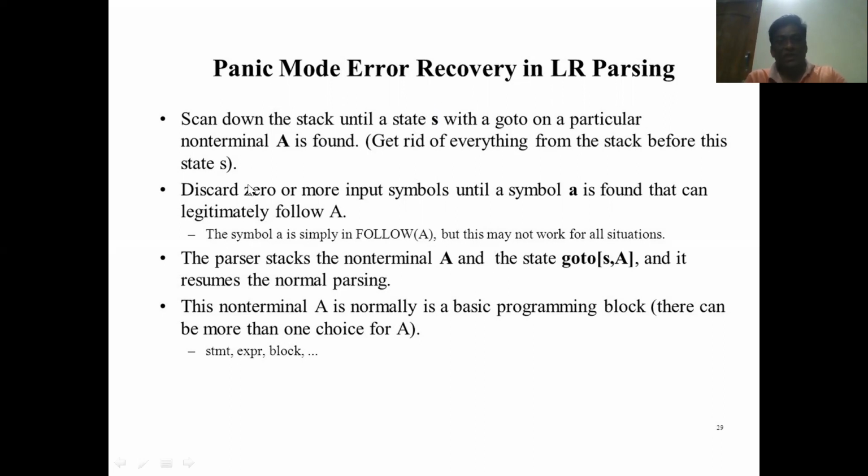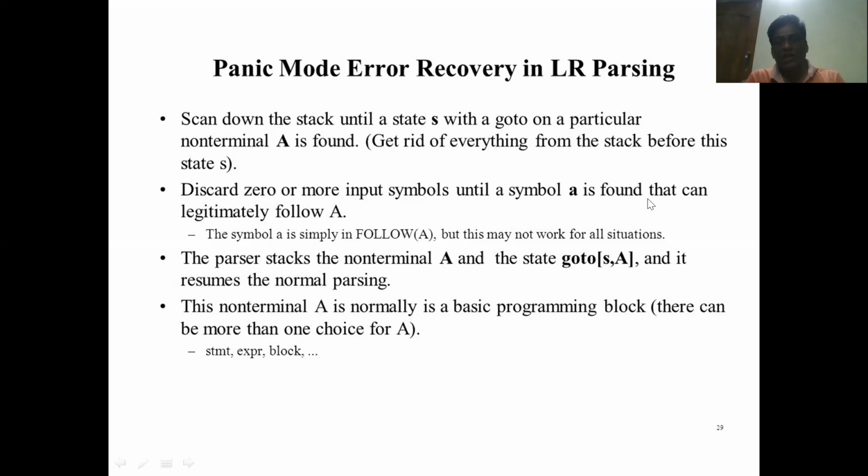Once you identify the state which has some go-to actions, then what you need to do is simply get rid of everything from the stack before that state s. That will be removed from the stack, until this state s. And then there are some changes that need to be made on input symbols also. Discard zero or more input symbols until a symbol small a is found.